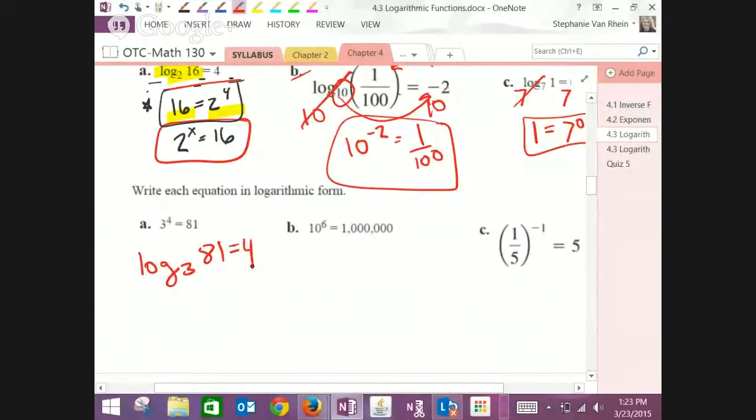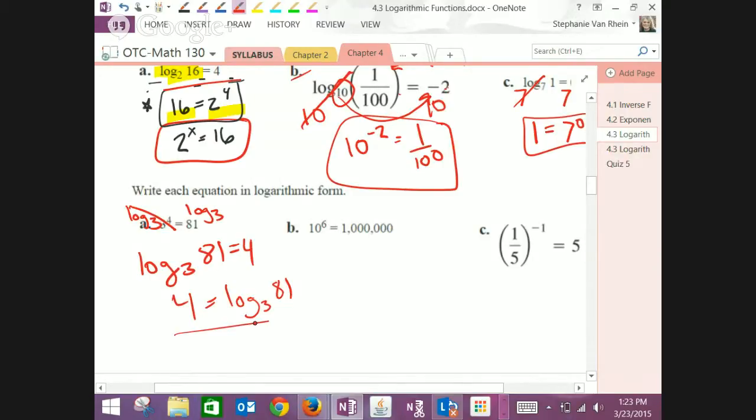You guys see that? So an easy way to do it is I could take log base 3 of this side and log base 3 of this side. Log base 3 of 3, so I'm left with 4 on this side, and then I have log base 3 of 81 on the right-hand side.